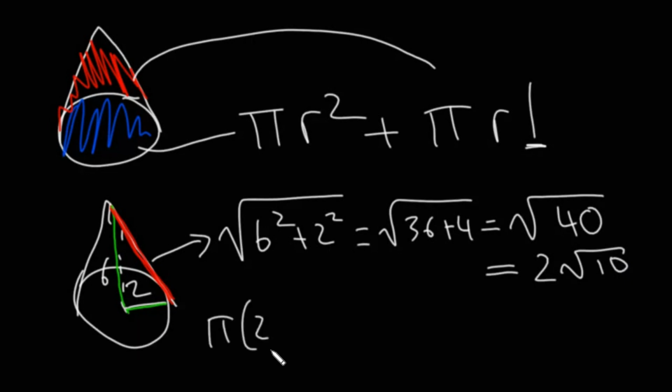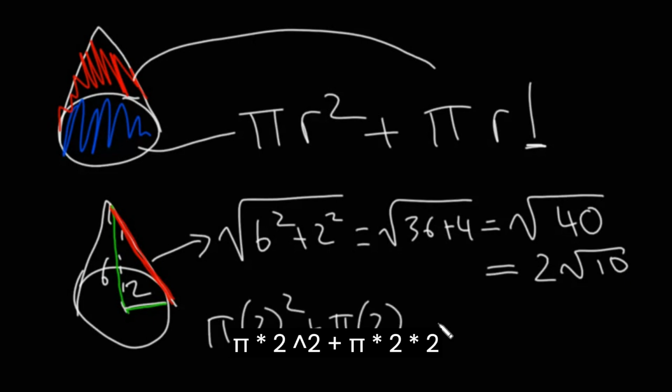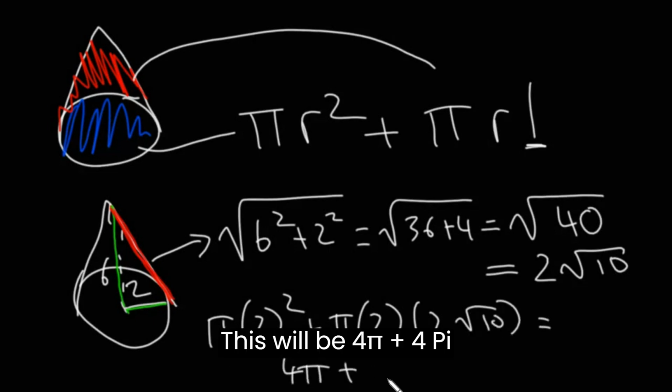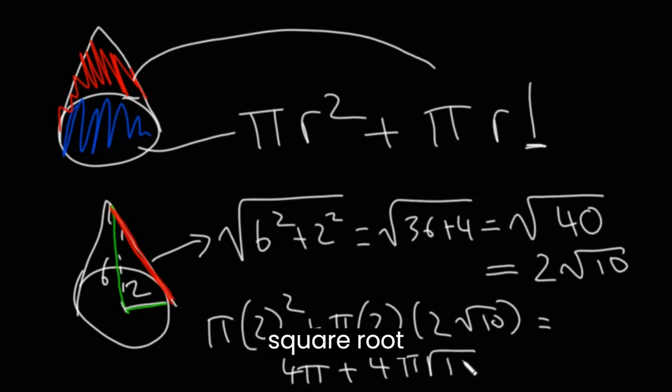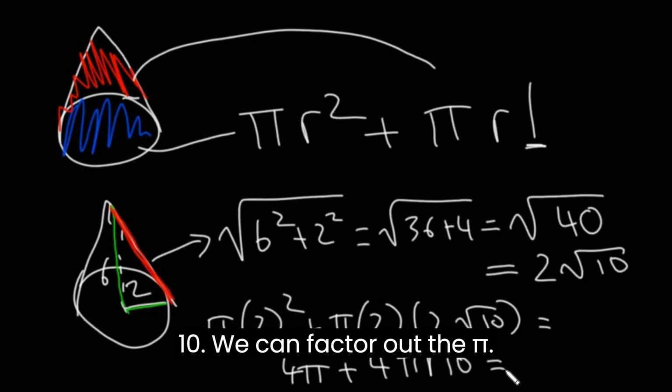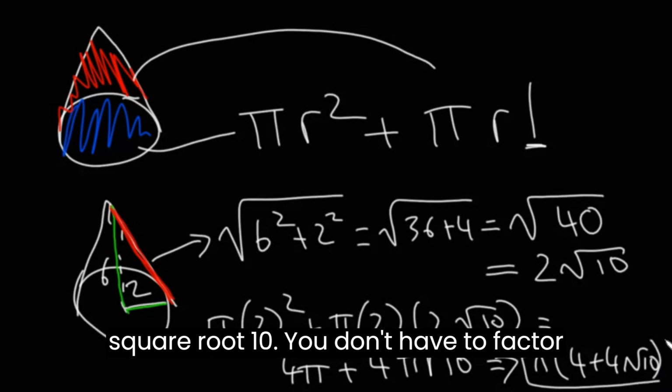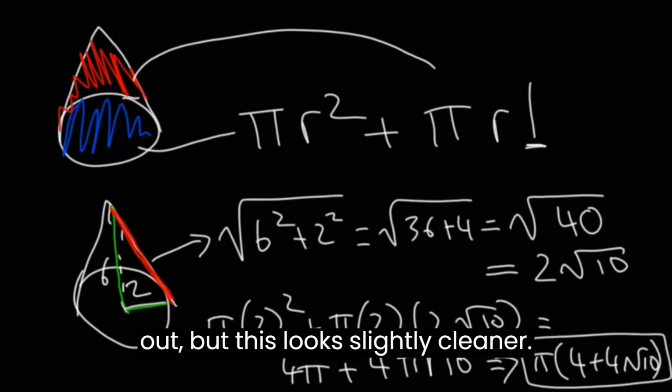So the surface area will be pi times 2 squared plus pi times 2 times 2 square root 10. This will be 4 pi plus 4 pi square root 10. We can factor out the pi, and we get pi times (4 plus 4 square root 10). You don't have to factor out, but this looks slightly cleaner.